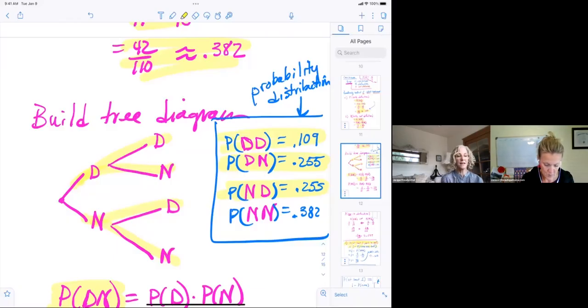I can find the answer to the probability that at least one is defective by considering all of the options. The first option is probability that the first one is not defective, but the second one is, or the probability that the first one is defective, the second one is not, or the probability that both are defective.